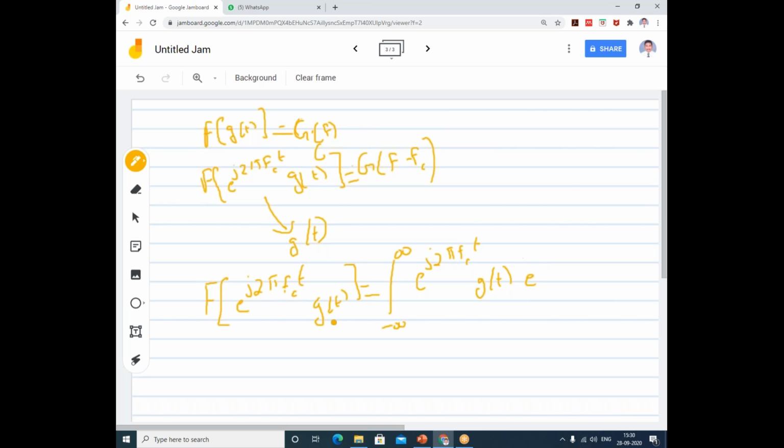This entire term is my function. Please try to understand that. Into, from the fundamentals of Fourier transform, e power minus j2 pi ft dt. So this is what I can write from the fundamentals.